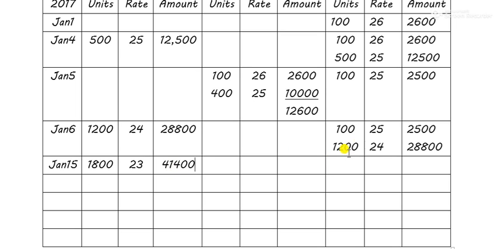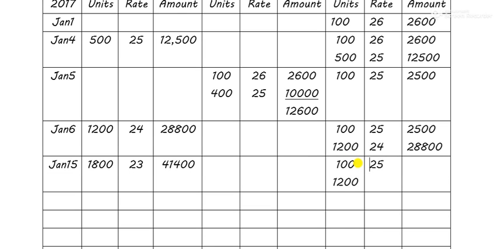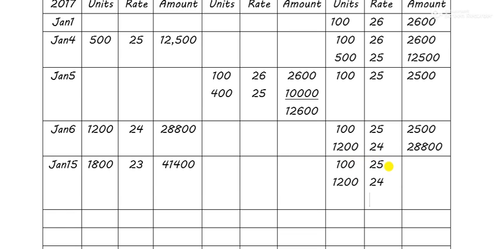Now we have three types of stock: 100 kg at the rate of 25, then 1200 kg at the rate of 24, and then 1800 kg at the rate of 23, amounting to 2500, 28,800 and 41,400. Now comes the time of issuing.